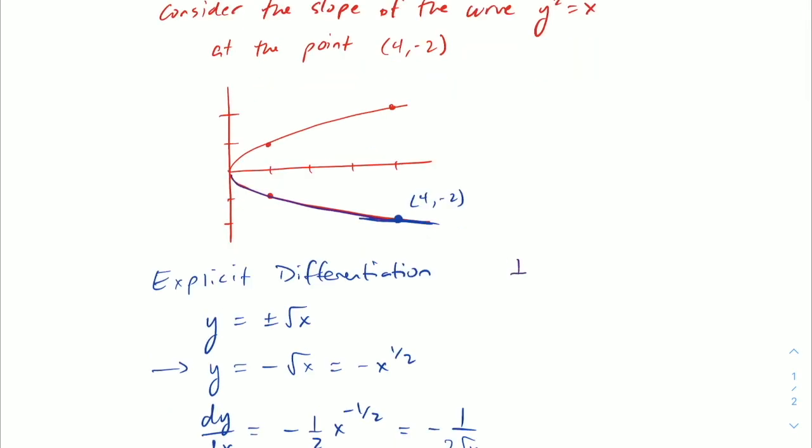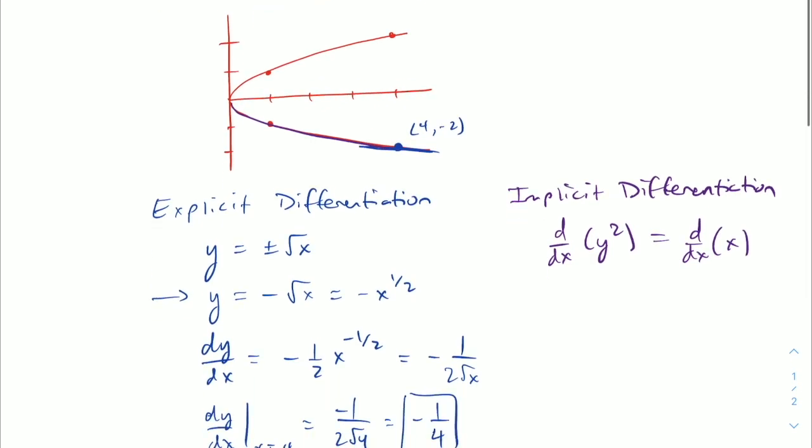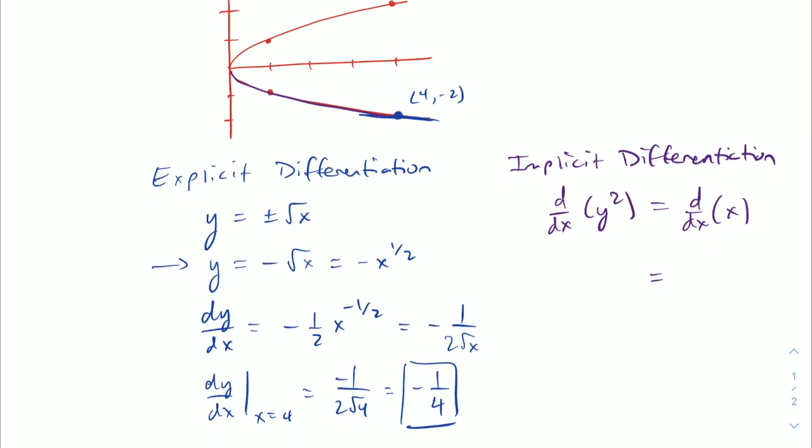Okay, so now we're going to use implicit differentiation to solve this problem. And here we don't solve for y. What we do is we just differentiate both sides of this equation. The right-hand side is straightforward. The derivative of x is 1.